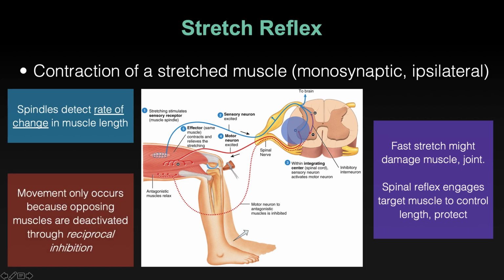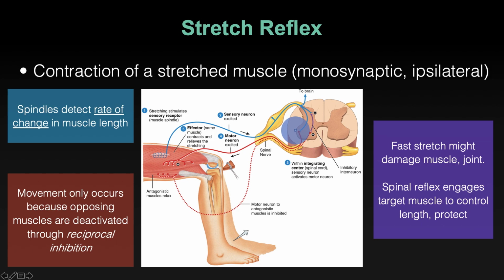There's only movement not just because you're activating the target muscle, but because you are inactivating the opposing muscle. And this is an important concept that we don't often consider. It's sort of a supporting player in the stretch reflex.